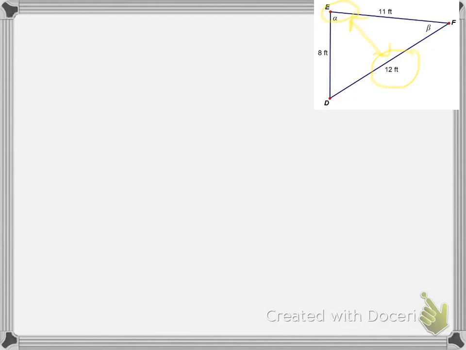So if we use that, we're going to call this the cosine of E is the other two sides squared. A squared plus B squared minus the opposite side of E, which would be, well, you shouldn't use A and B. Let's go back here and relabel it.